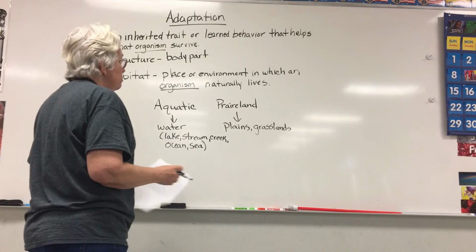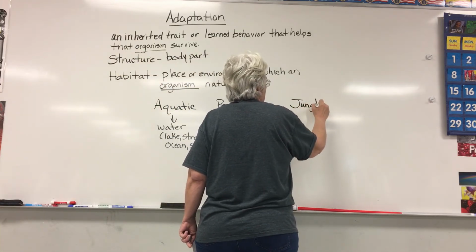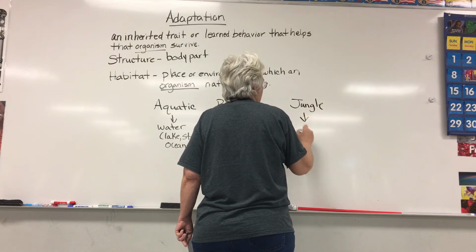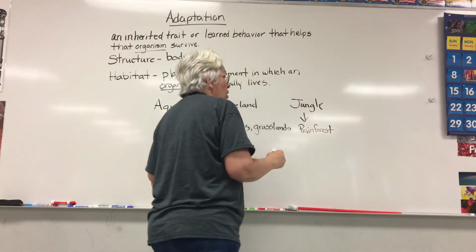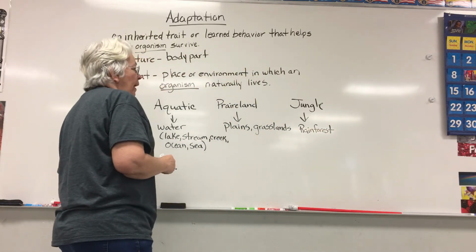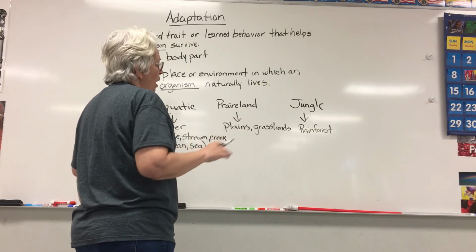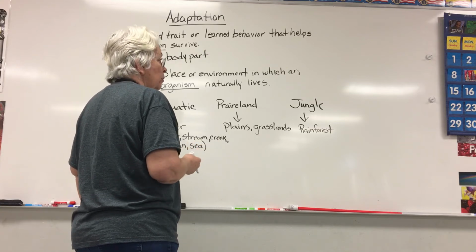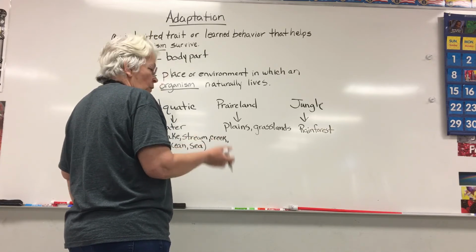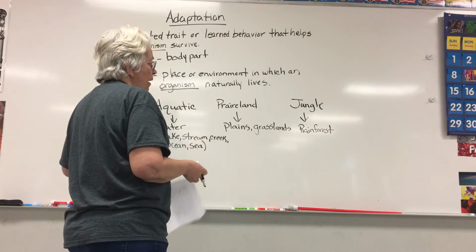Our next one is the jungle, and this is rainforest. We're talking about something along the Amazon rainforest, or in Africa, in that Congo belt that has jungle. And the animals that you are going to find there, or organisms, not just necessarily animals, are going to be suited for the rainforest.